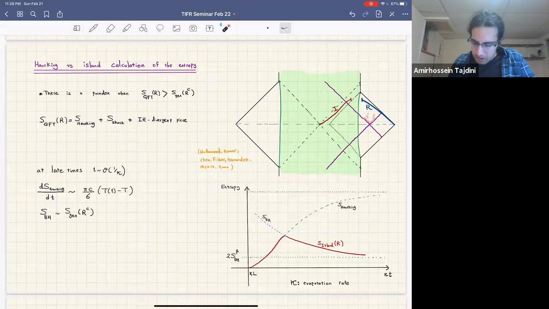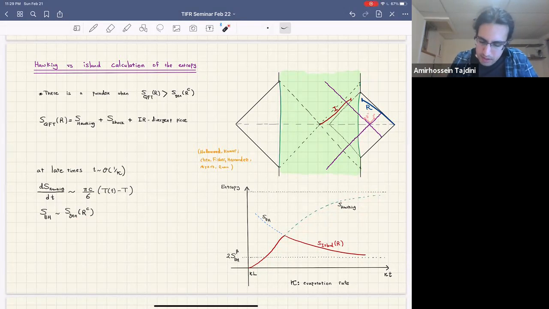When you compute this, S Hawking will keep increasing, and S black hole, which is almost equal to the generalized entropy for the complement region, will go down. Once you compute the island formula, you will see that the island appears after a certain point. So there's not any mystery, or I should say surprise, about that.